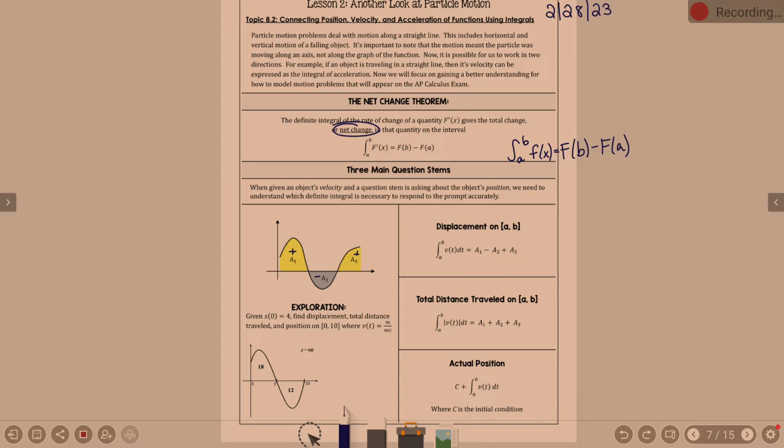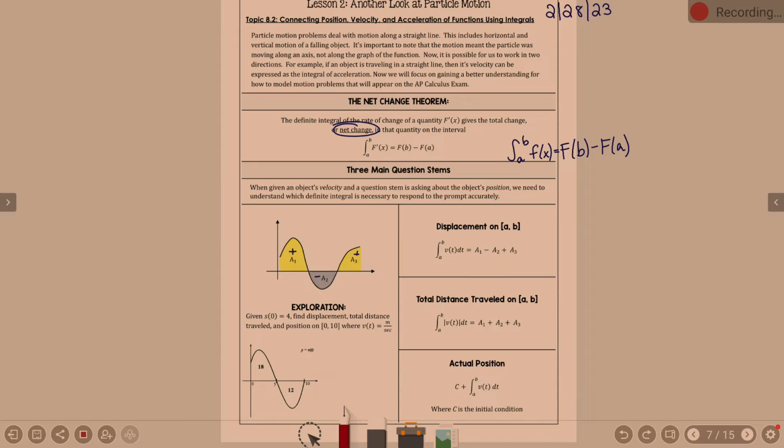Now, to kind of connect here and show the differences, look at this exploration piece. Given that S of 0 is 4, so the initial position is 4, find displacement, total distance traveled, and position on 0 to 10, where v of t is measured in meters per second.